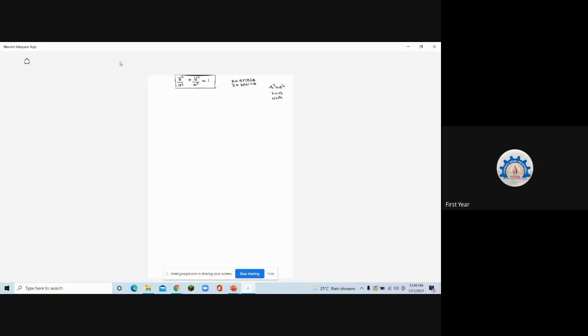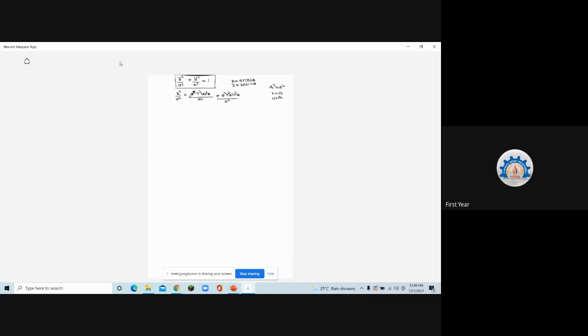Those who understood, fine. Those who have not, I'll explain here. See, when I put x is equal to ar cos theta, y is equal to br sin theta, x square by a square will become a square r square cos square theta by a square, plus b square r square sin square theta by b square. Correct?